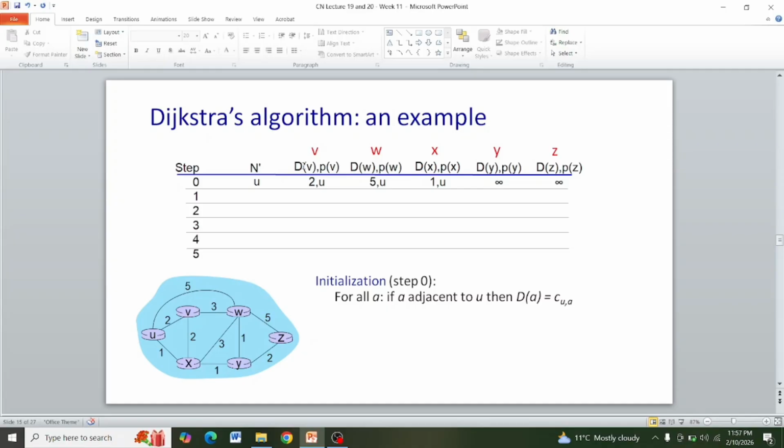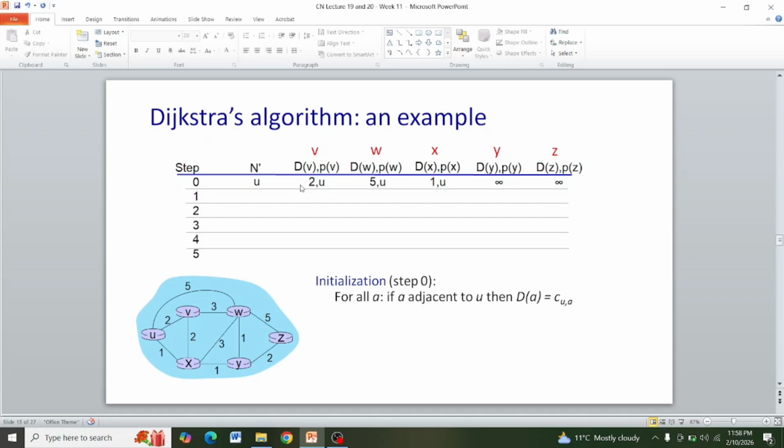D(V) means we are moving from U to node V, D(W) means we are moving from U to W, here we are moving from U to X, we are moving from U to Y, and so on. Whereas P(V) states what the predecessor node of node V is, which one is the predecessor of node W, which one is the predecessor of node X, and so on.